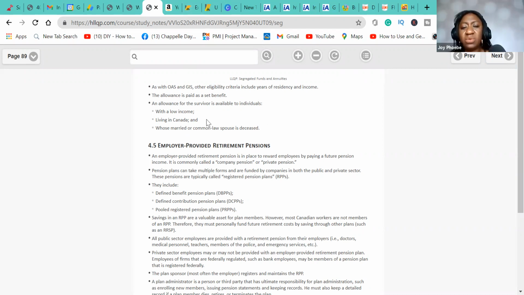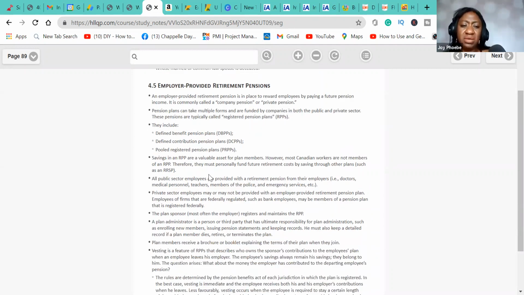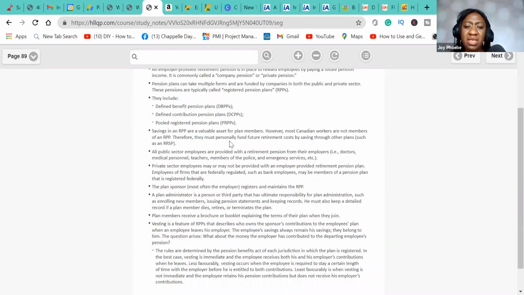All right. So once that is covered, now we will be looking at the employer provided retirement pension. We're looking at the pension programs provided by employers. And these are the defined benefit pension plan, defined contribution pension plan, and pooled registered pension plan. Now, savings in an RPP are a valuable asset for the plan members.